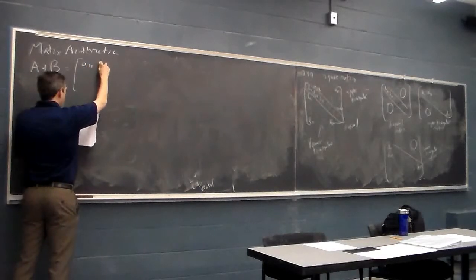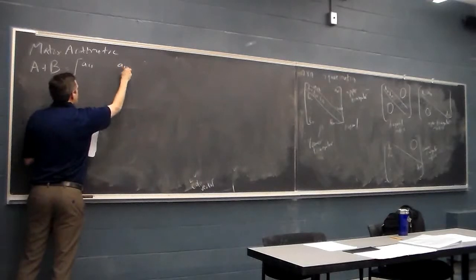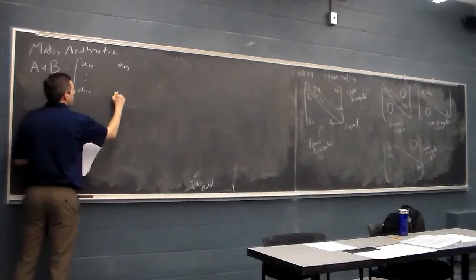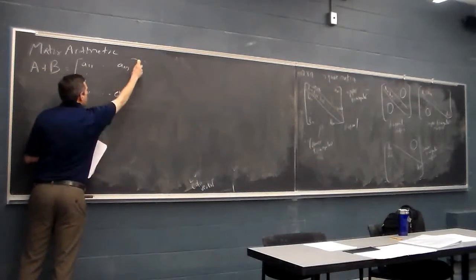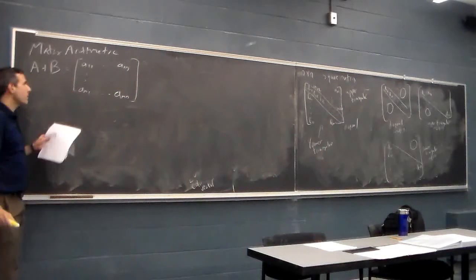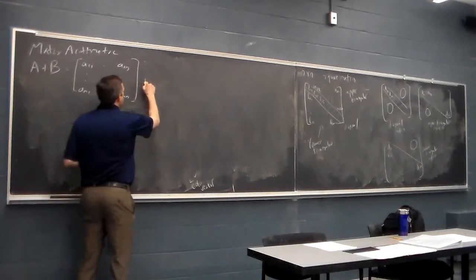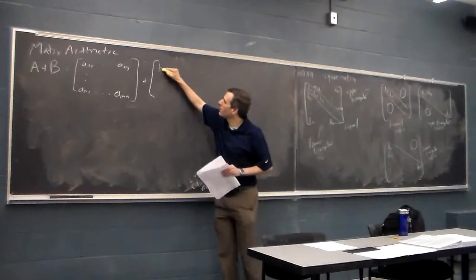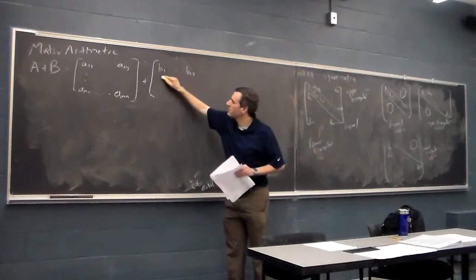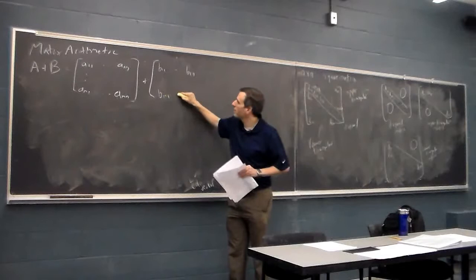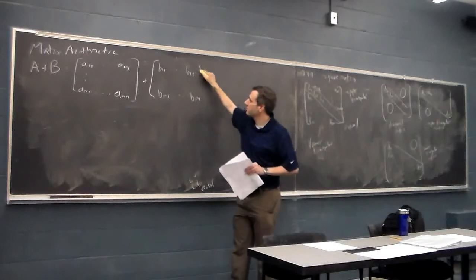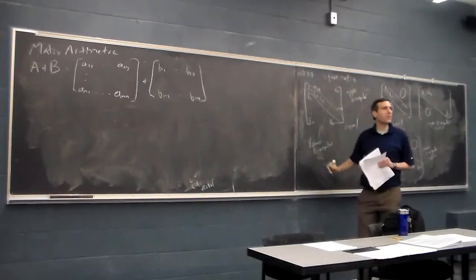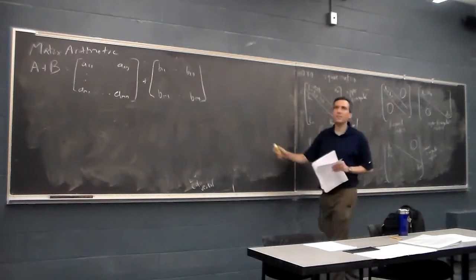Let's say we have an m by n matrix A, which runs from A11 through A1n, down to Am1 through Amn. That can only be added to a matrix with the same dimensions, B. So B also has to be m by n, running from B11 to B1n, down to Bm1 to Bmn. And the sum of those two matrices is simply the matrix you get by pairwise adding the individual elements.